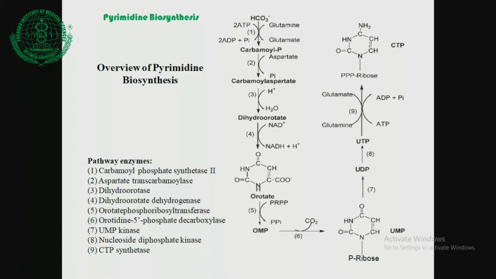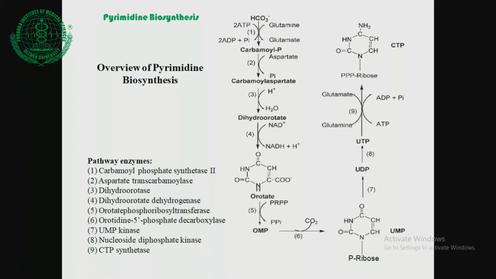In the next step, carbamoyl aspartate is converted to dihydroorotate through intramolecular condensation or dehydration that gives a pyrimidine ring synthesized as dihydroorotate. The step is mediated by dihydroorotase. In the next step, dihydroorotate is oxidized to give a non-standard pyrimidine ring called orotate.